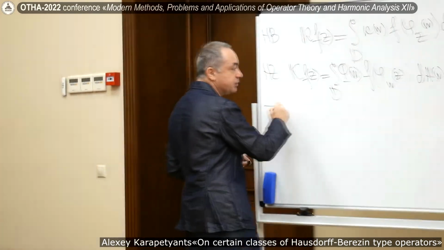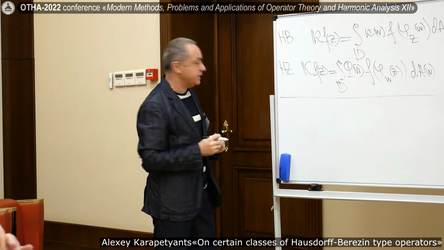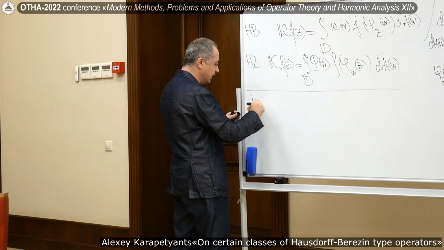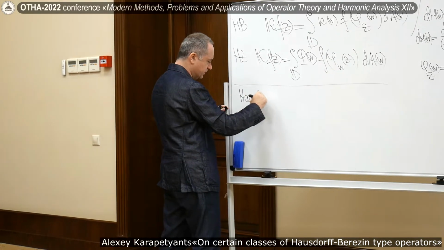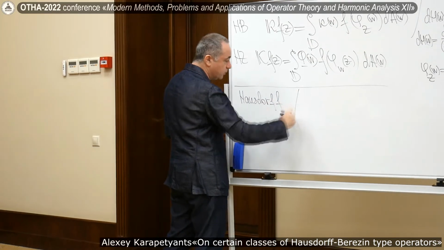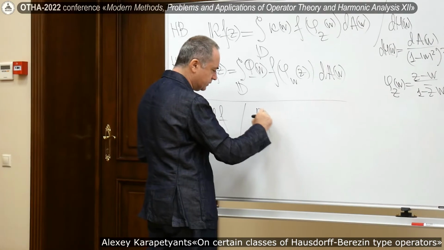Let me also mention, because there are the words Hausdorff, Berezin and so on, and homogeneous operators: there are many papers devoted to so-called Hausdorff operators, and also many papers devoted to operators with homogeneous kernels.